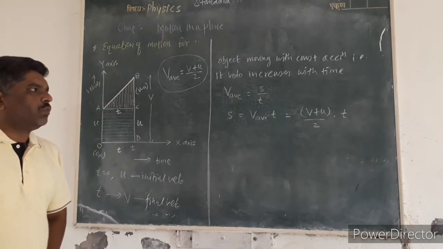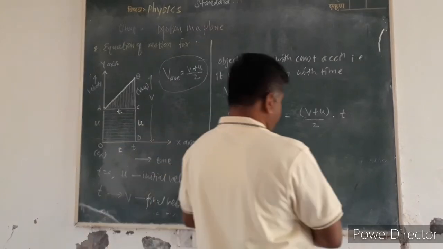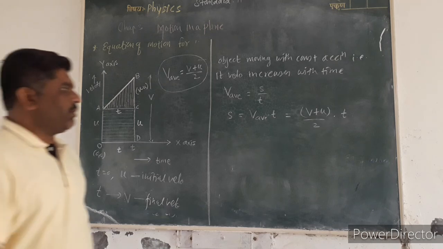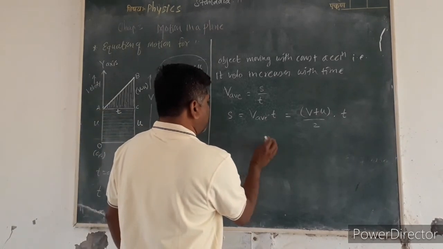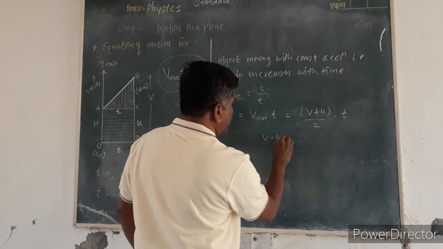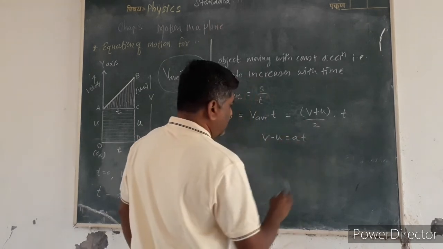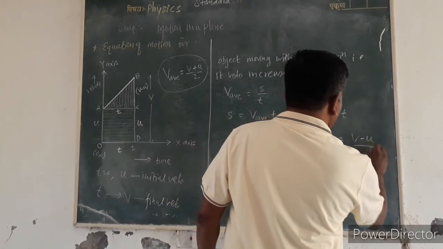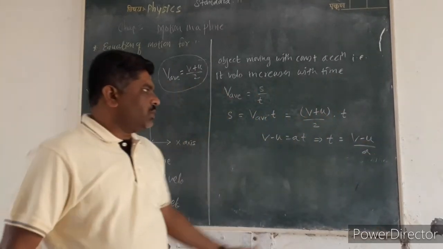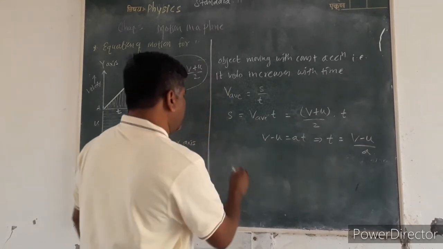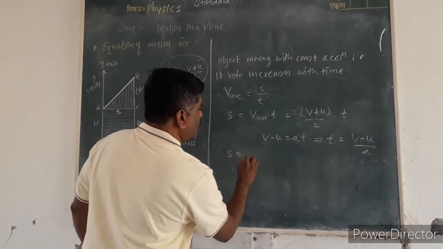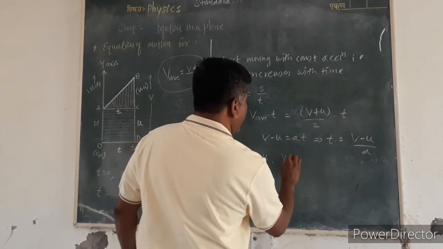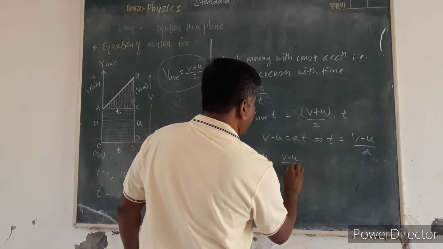Now we put the value of t using the first kinematic equation, v minus u is equal to at, so t is equal to v minus u upon a. Then S is equal to v plus u upon 2 into v minus u upon a.